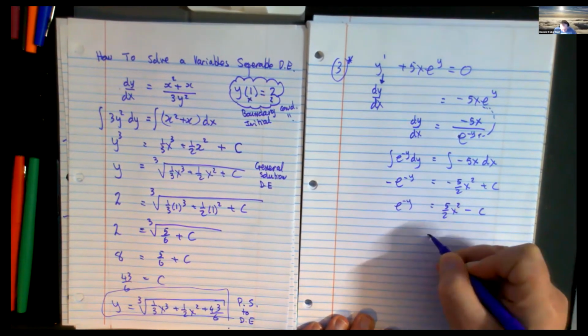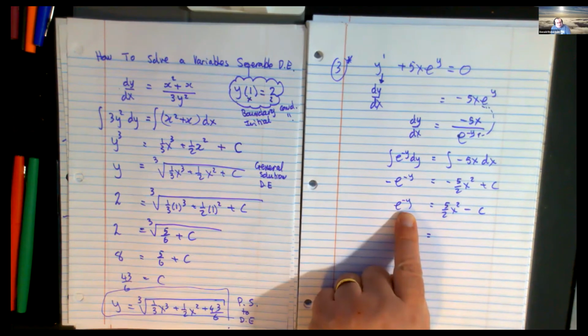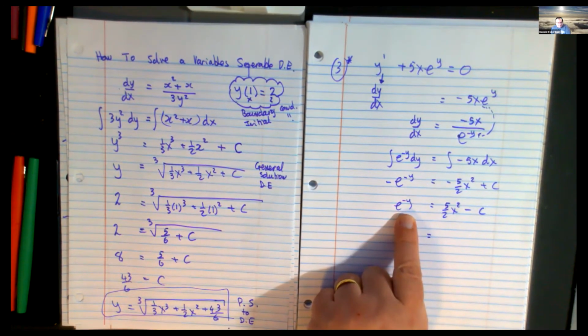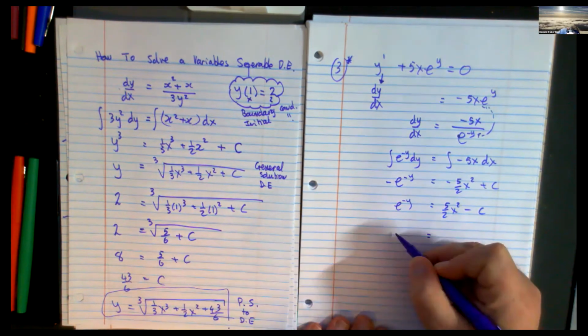Oh, now things get a little bit trickier. There is a y here. That means I should be able to rewrite this as y equals, right? So we need to figure out how that's going to happen. Any ideas how you would make that happen? Natural log. Now, if you take the natural log of this side, you get that.